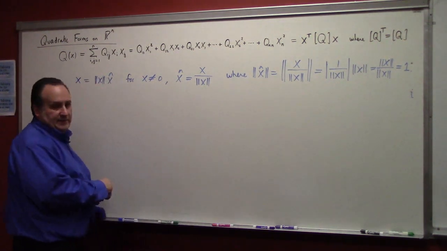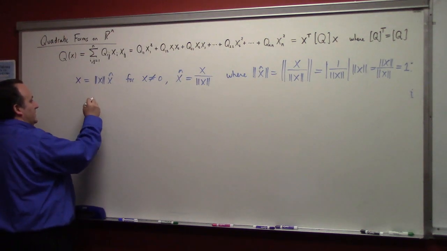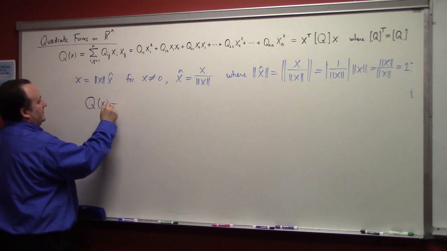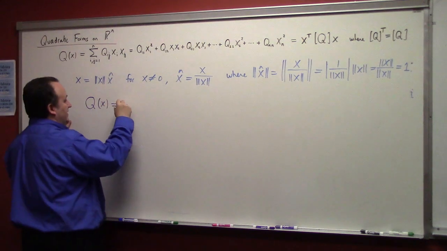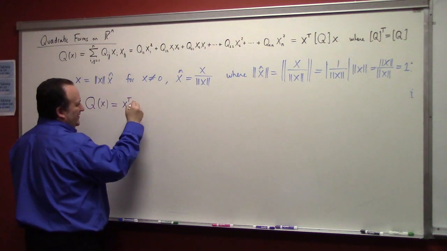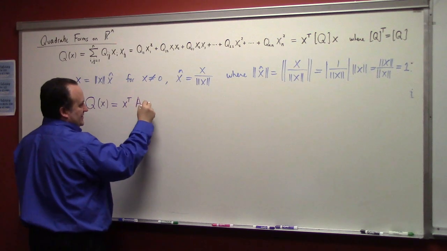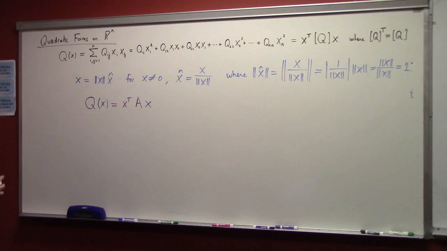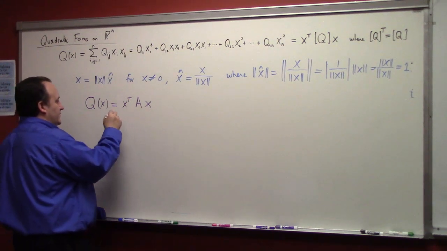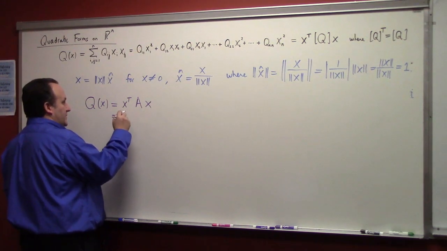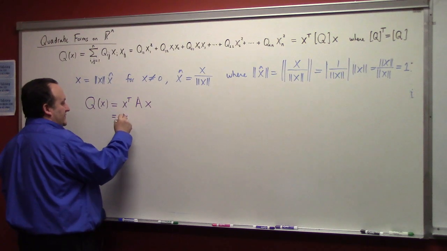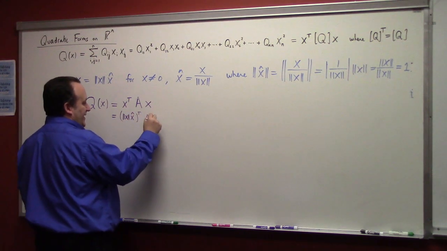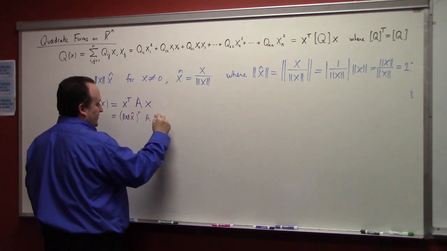Well, a quadratic form. There's much to say here, because Q of x is what? It's x transpose times the matrix. I'm going to use A for the matrix if you don't mind, because I get tired of writing bracket Q. So check it out. That is exactly equal to the magnitude of x times x hat transpose A magnitude of x times x hat.